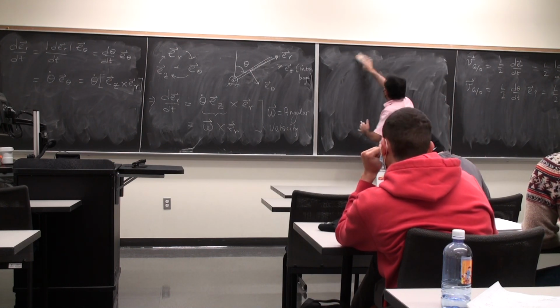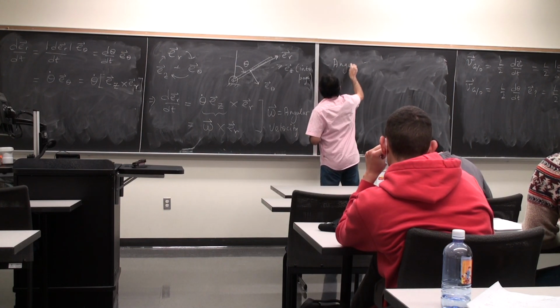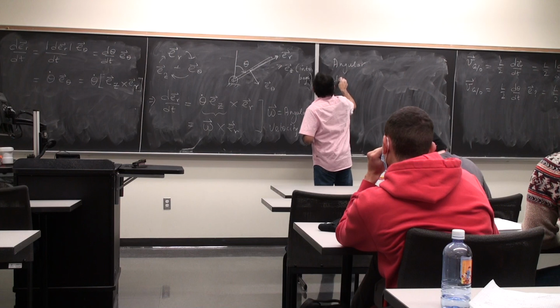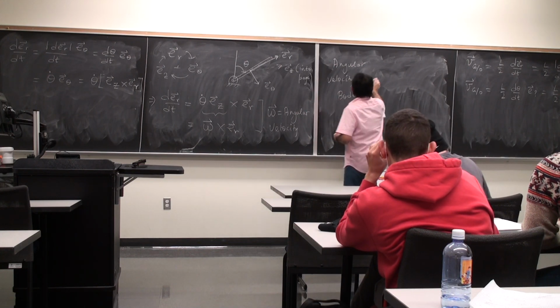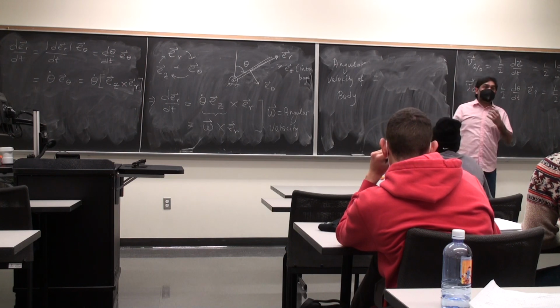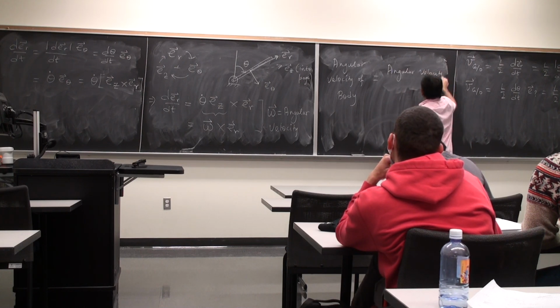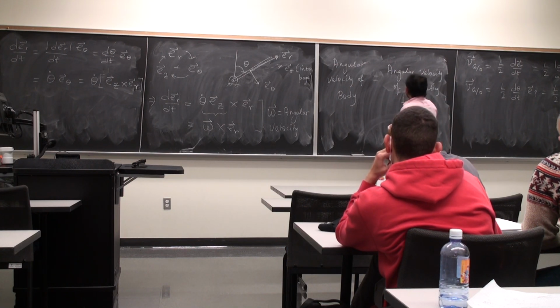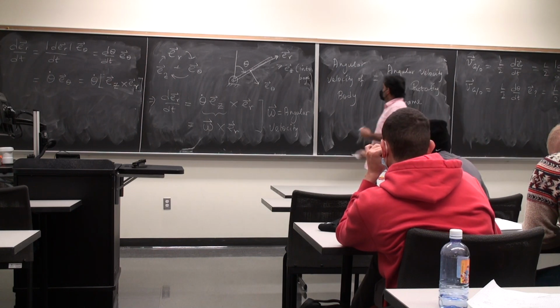Last few minutes. Angular velocity of the body is the angular velocity of the rotating frame. I'm going to call it vector omega for both cases.